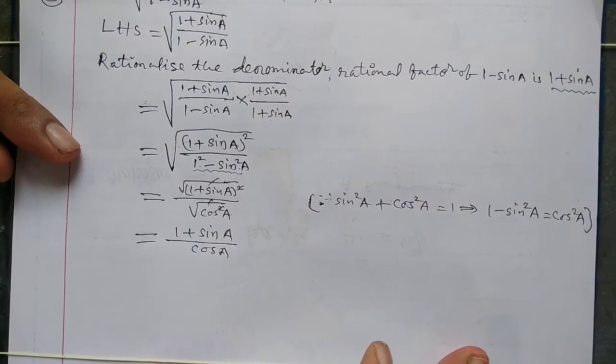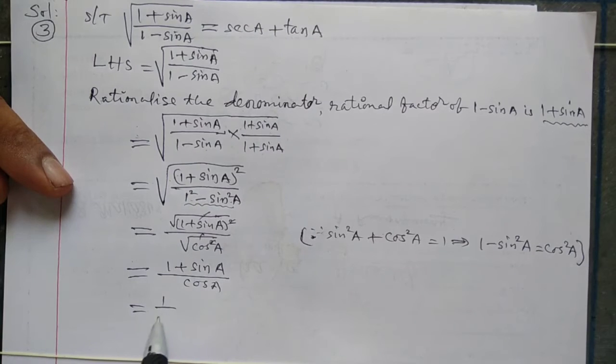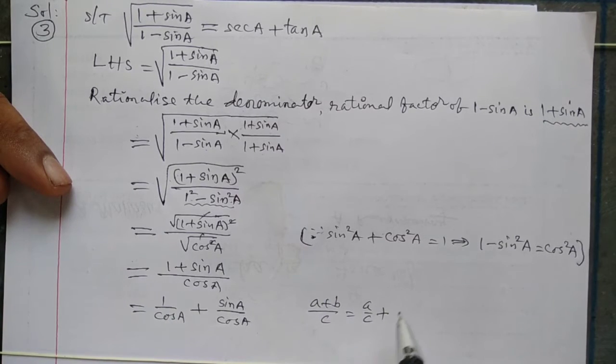We can write this separately as 1 by cos A plus sin A by cos A. We know (a plus b) by c is equal to a by c plus b by c. 1 by cos A is equal to sec A. Sin A by cos A is equal to tan A. This is RHS.